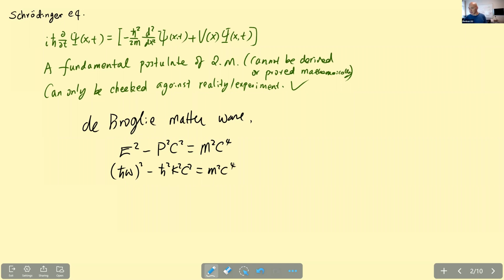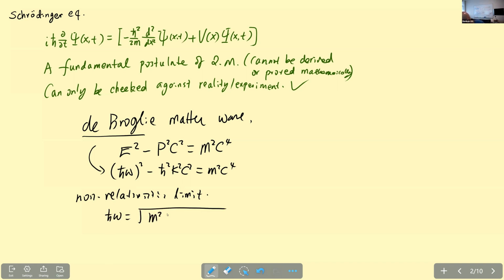So this is by de Broglie's idea, where the energy is given by h bar times the angular frequency, and momentum is h bar times the wave vector. And then if we go to the non-relativistic limit, you can say that h bar omega is going to be the square root of m squared c to the power 4 plus h bar squared k squared c squared.